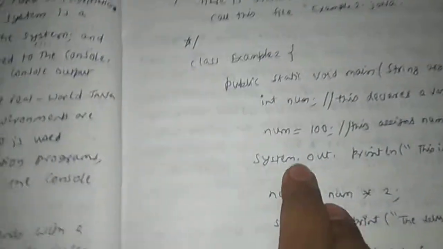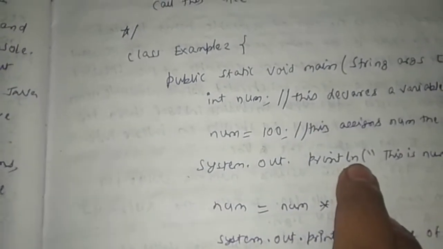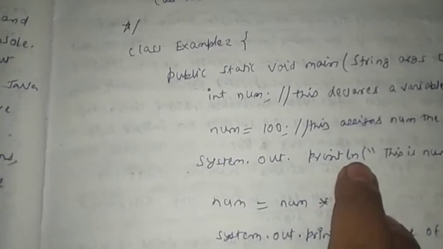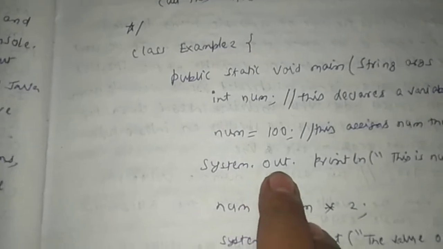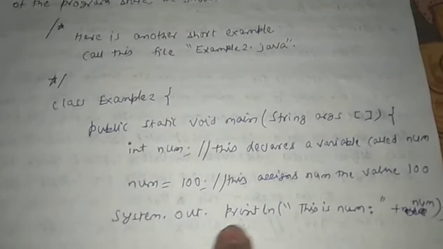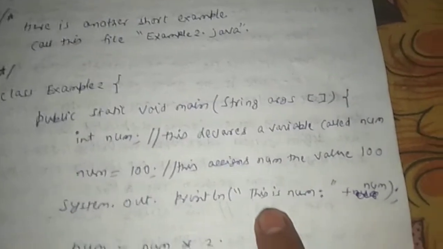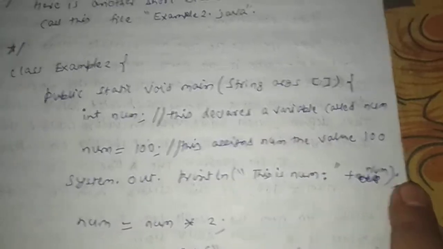Then again here is one important term, System.out.println. For remembering purposes, we can abbreviate it as SOP. S stands for System, O for out, P for println. System.out.println takes a string under double quotation marks, this is the format.